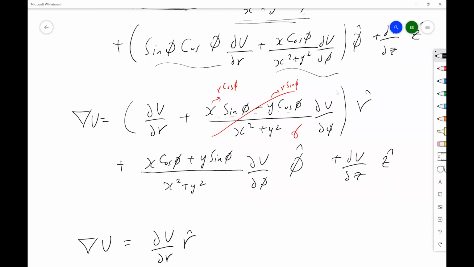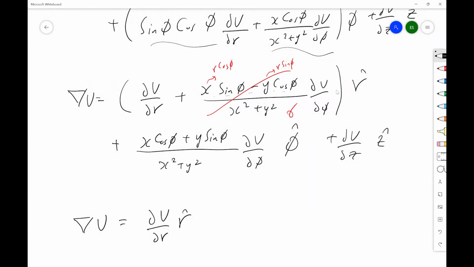As far as the r hat component of the gradient, it is the same formula as we would expect in Cartesian coordinates. However, the phi is different because what is x? X is r cosine phi. So this is r cosine squared phi. Y is r sine phi.